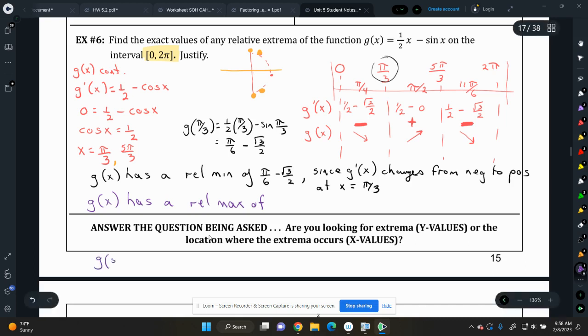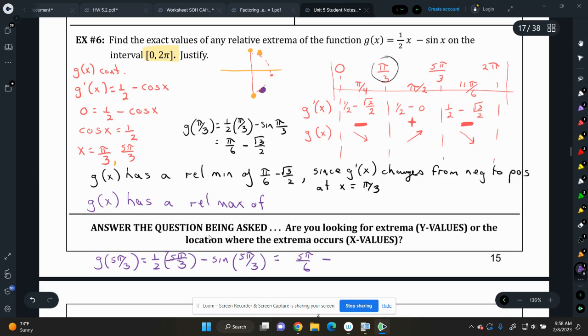G of 5 pi over 3 equals 1/2 times 5 pi over 3 minus the sine of 5 pi over 3. And that gives me 5 pi over 6 minus, now here's my 5 pi over 3 right here.